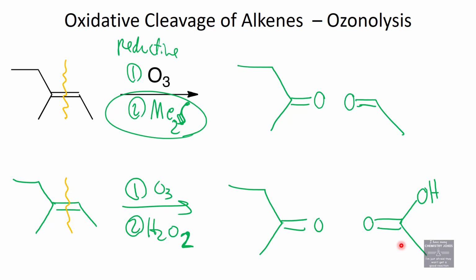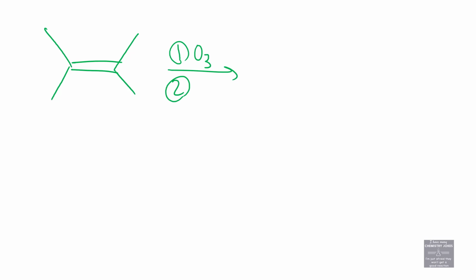Okay, so students sometimes say, all right, ozonolysis always makes ketones and aldehydes or ketones and carboxylic acids. Not necessarily true. It depends on the structure of the alkene you begin with. Let me give you a couple more examples. If I have an alkene that looks like this, super simple alkene, let's do ozonolysis. You'll see textbooks write minus 78, but I am often a little too lazy for that.